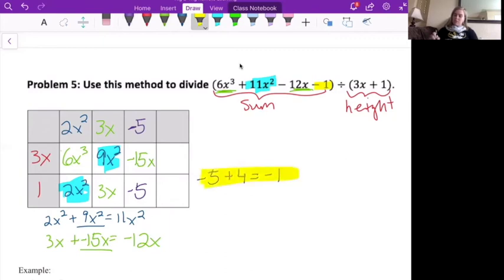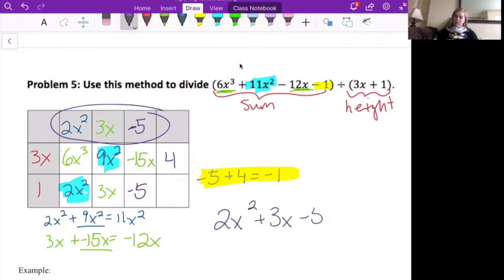So then that means that our remainder is 4. So then our answer to this problem is our length factor of 2x squared plus 3x minus 5 plus 4 over 3x plus 1.